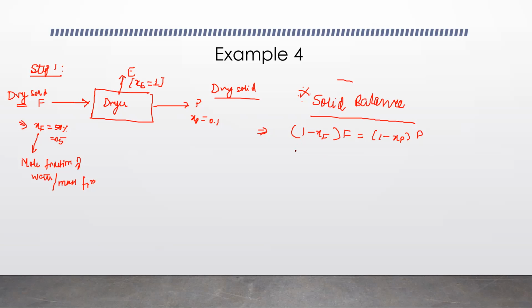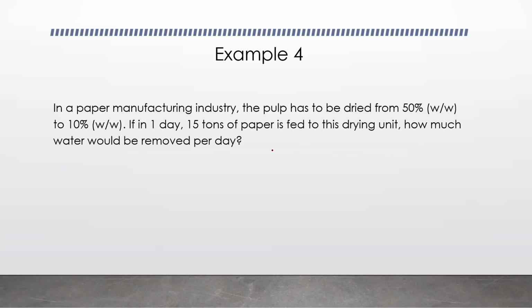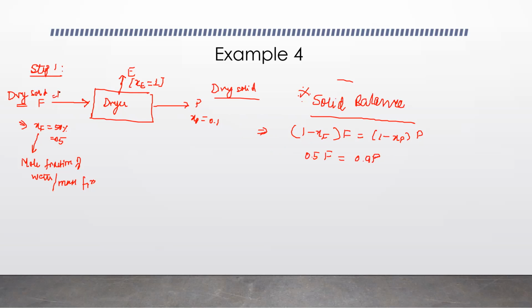So what is xF? xF is 0.5. So this is going to be 0.5F. And xP is 0.1, so this is going to be 0.9P. Now we already know that 15 tons are fed per day. Let's not unnecessarily change the unit. So 0.5 into 15 is equal to 0.9 into P. Correct?